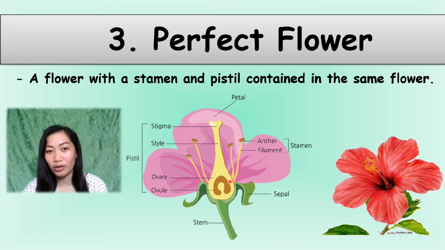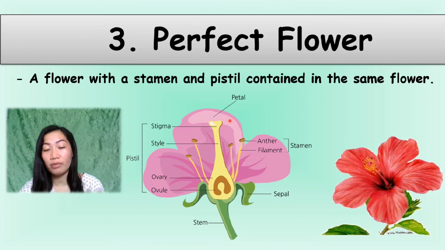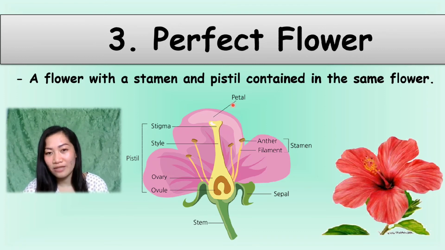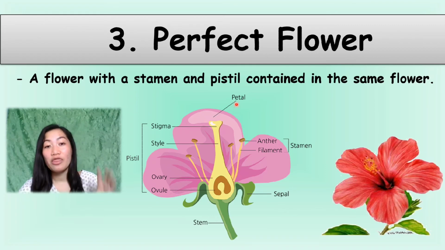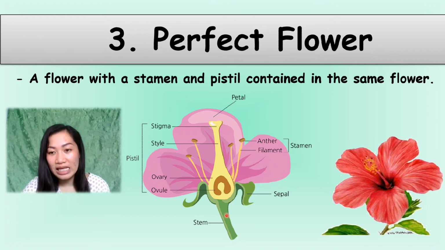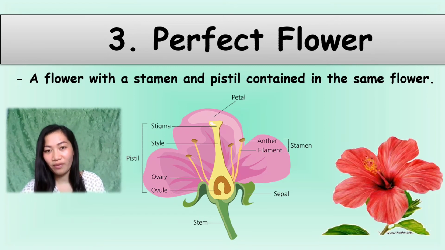This is what we call the perfect flower, meaning the four main parts of the flower you will be able to see in only one flower. For this flower, we have the pistil, the stamen, the sepal, and the petal. The four parts of a flower are seen in one flower. So that is a perfect flower.